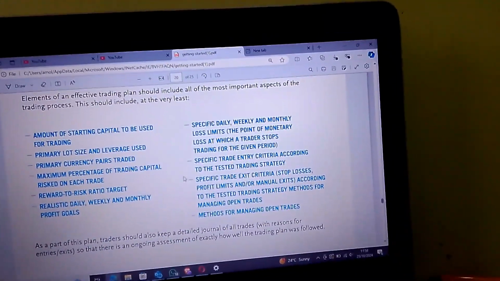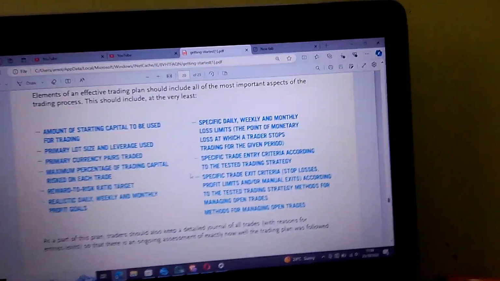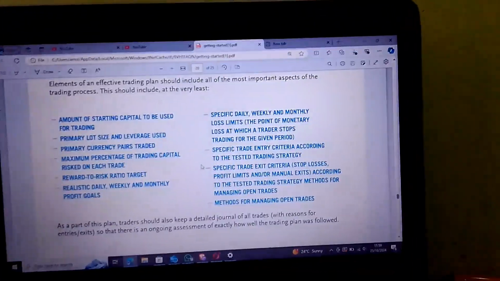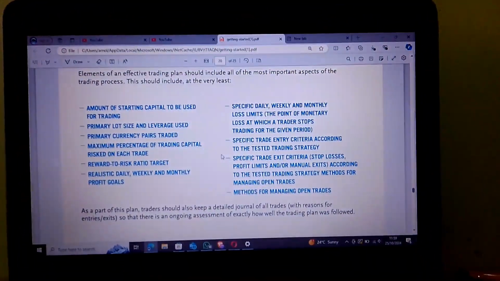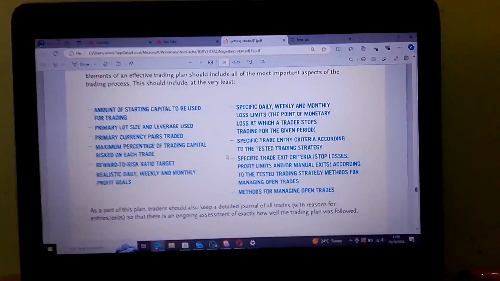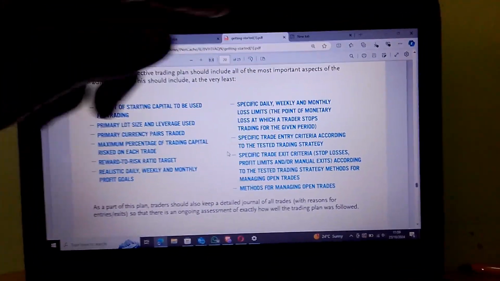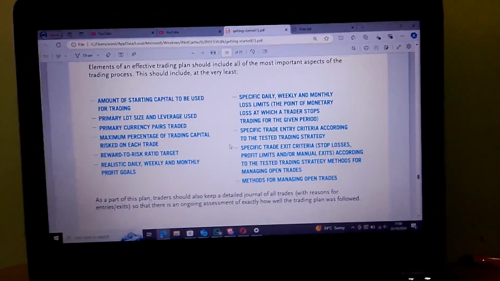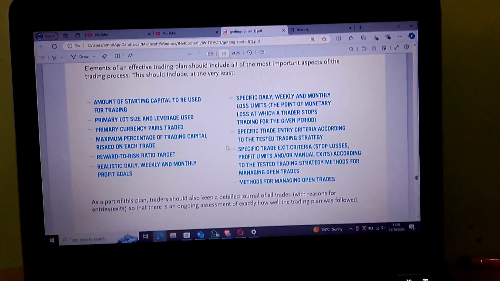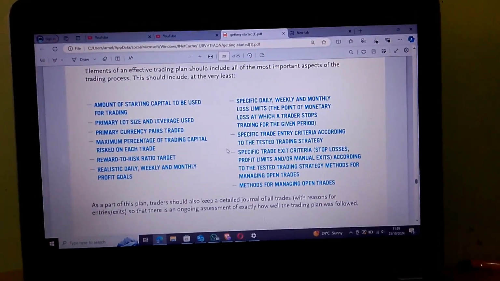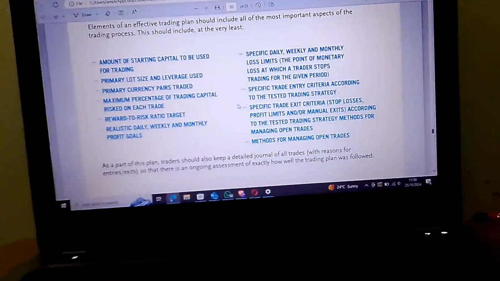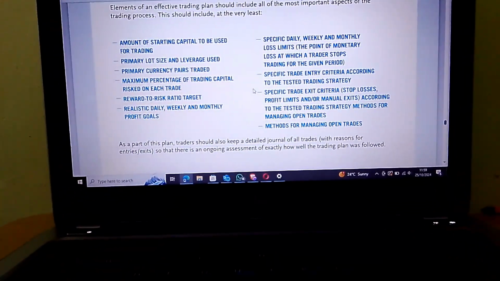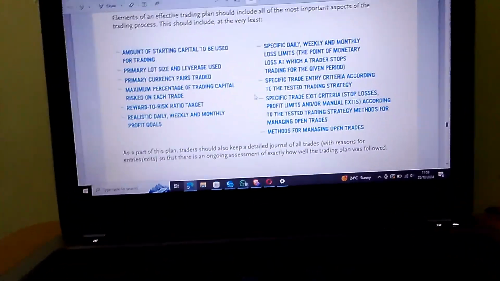When you're making lots of losses, you sit down, pause and re-strategize. Specific daily, weekly and monthly loss limits. So you need to have your profit goals and loss limits, and a loss at which a trader stops trading for the given period. Whereby you make some losses and then you decide, no, let's wait and we'll try again, let's re-strategize.